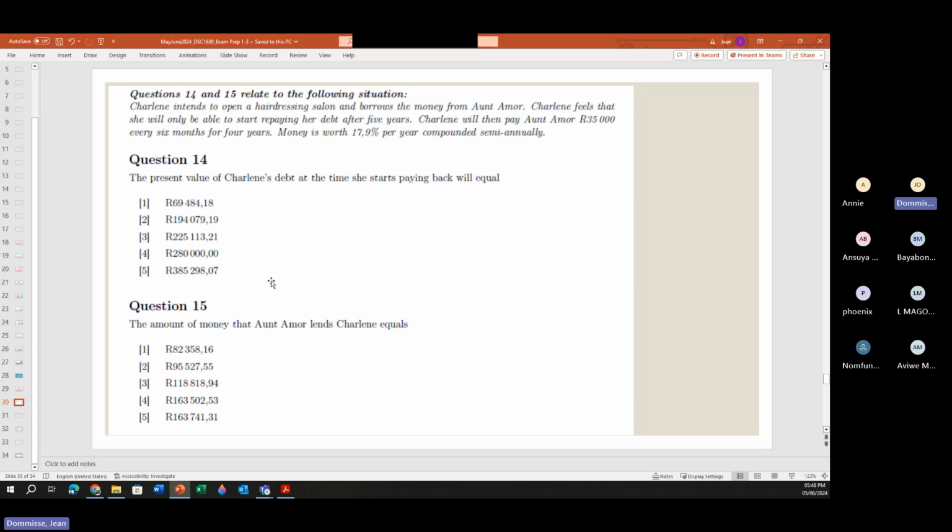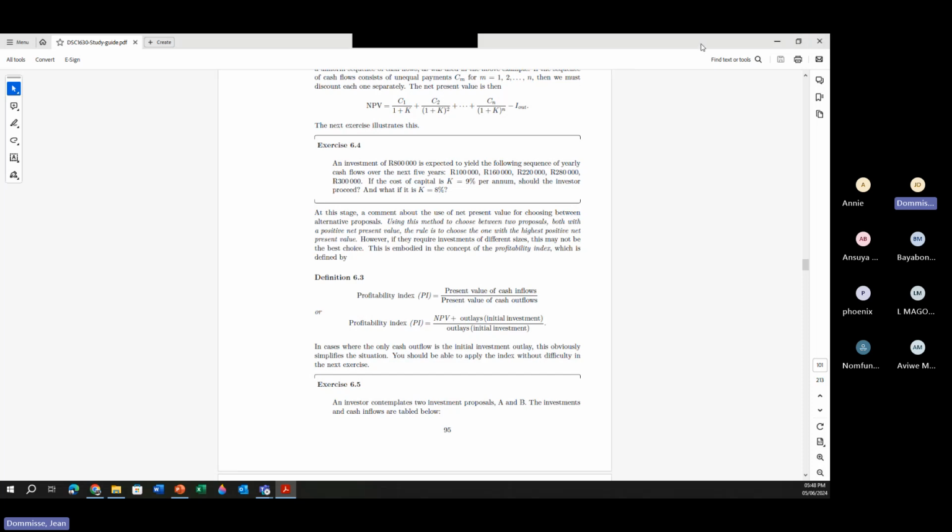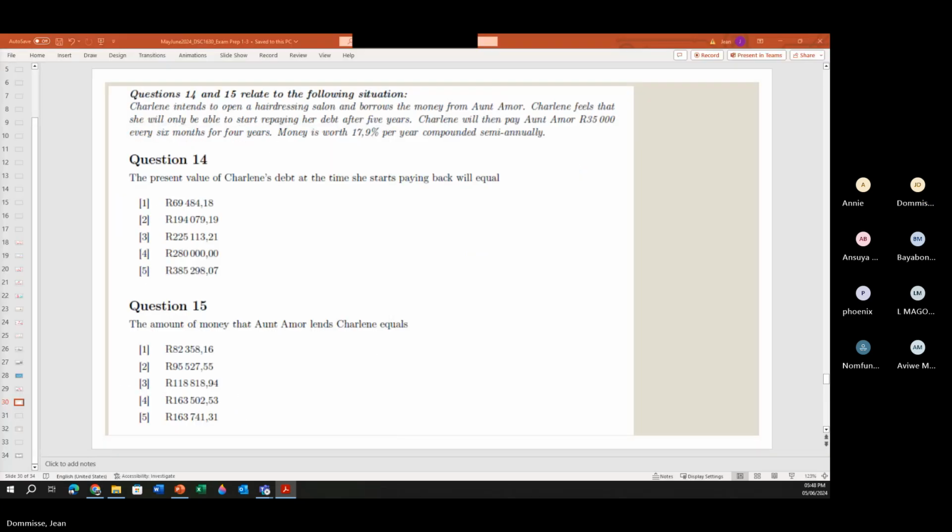Okay, so let me just move this to my other screen. So if there is again a formula or something that we need to show, we can quickly get into that. So let's then go to question 14 and 15.